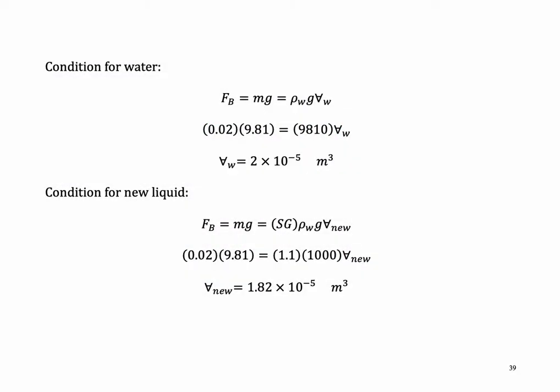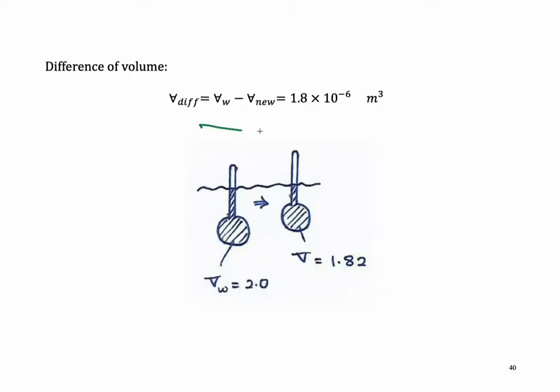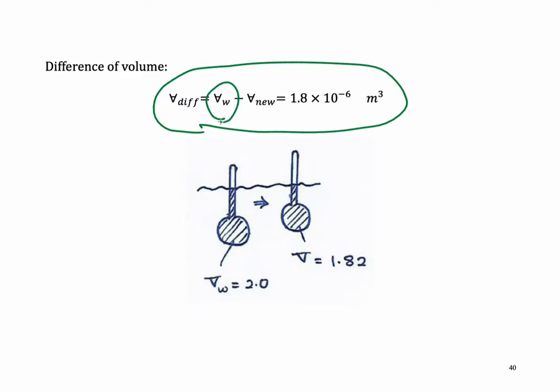So here we could compare the volume. We found that the volume for water is more compared to the volume of the new liquid. So the volume difference is the volume of water minus the volume of new liquid, which is equal to 1.8 times 10 to the power of minus 6 meter cube.